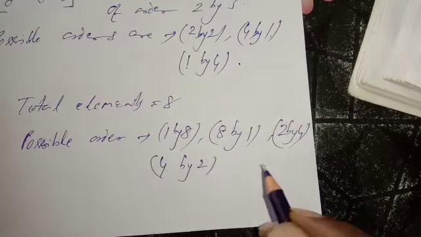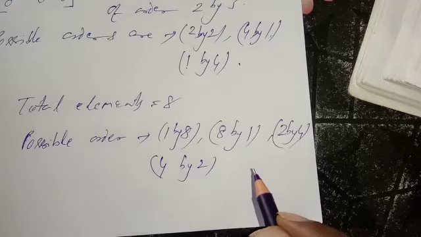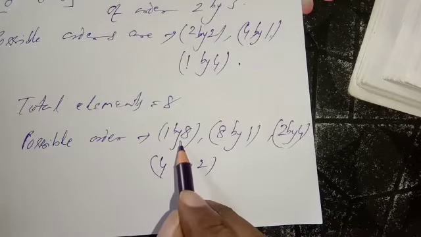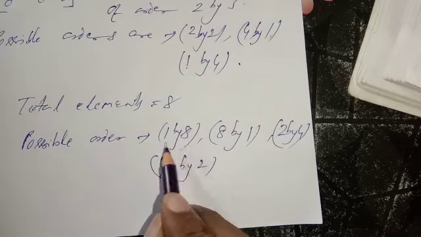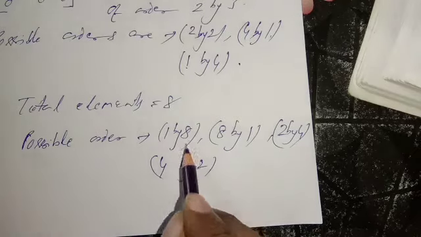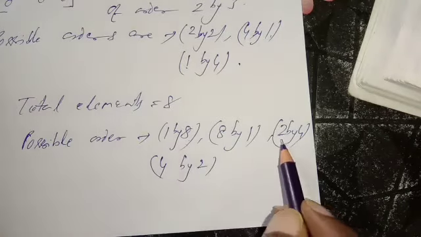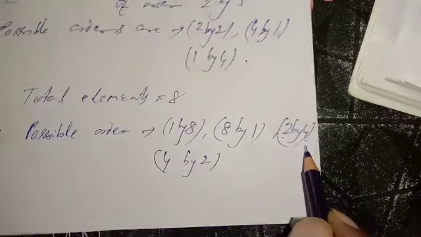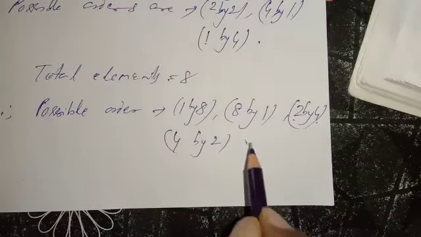Total elements will be 8 anyway. 1 by 8 means a row matrix, only 1 row but the number of columns is 8. Second, 8 by 1, then 2 by 4 and 4 by 2. Okay, these are the possible orders.